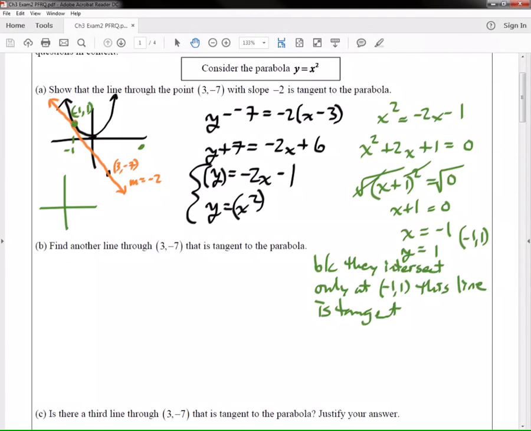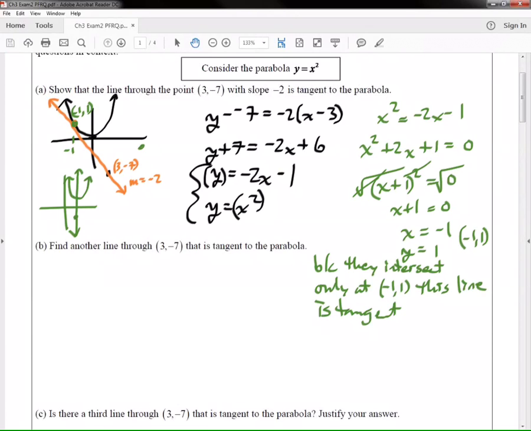If I had a parabola like this, and I had a line that went like this, that line only intersects the parabola at one point, right? But I know it's not tangent because after it intersects that point, it doesn't stay on the same side of the curve. See, this one intersects right there, but it stays on the same side. It doesn't cross over to the other side of the curve.